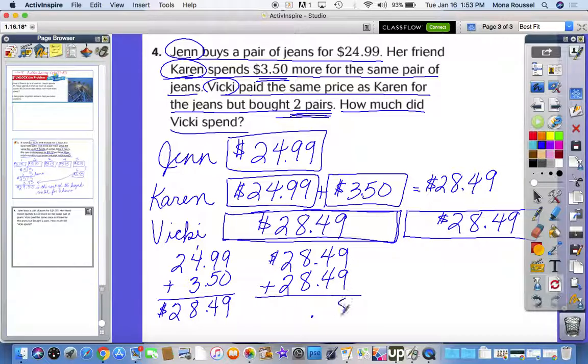Line up our decimal points and add. So we get a final answer: Vicky spent $56.98.